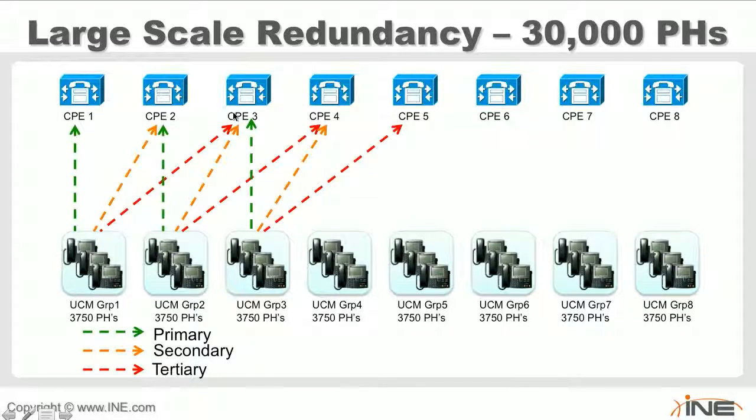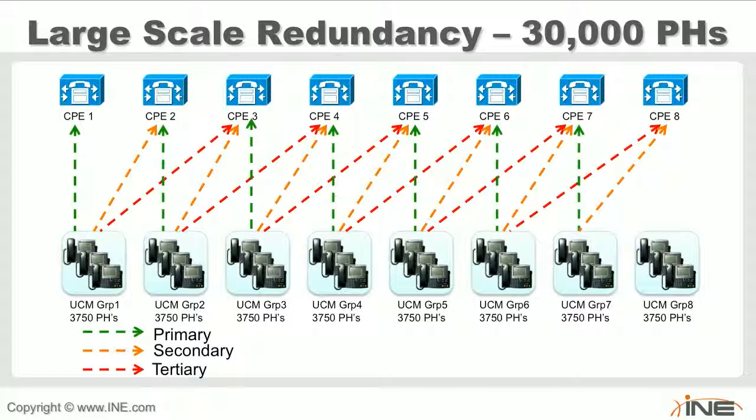Now I have 7,500 plus 3,750. I can't do the math that quickly in my head, but I've got a little over 10,000 phones on one call processing node, about 12,000. So as you can see, this continues to go on out.